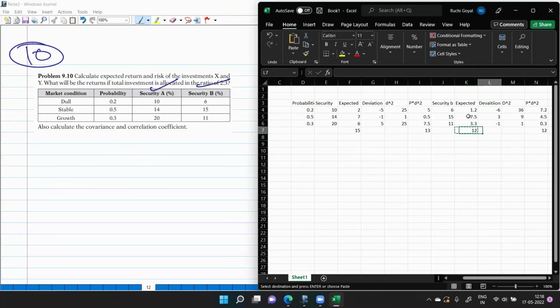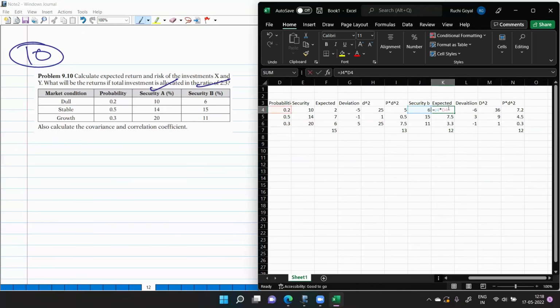Sorry. In order to find, wait a minute, what did I do? Expected deviation square. This will come out to be, okay, it is coming out to be 12 only.